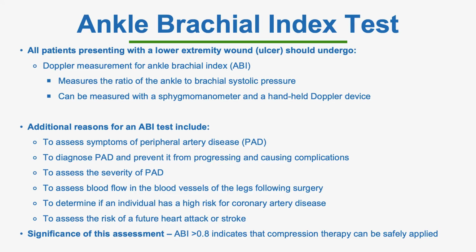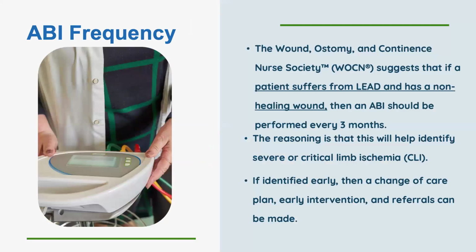So the normal value that we want to see is an ABI above 0.8, which would allow us to use compression therapy in a patient with venous leg ulcers. A value of 0.9 indicates normal arterial flow. The Wound Ostomy Continence Nurses Society recommends that in patients with lower extremity arterial disease and non-healing wounds, you should perform ABIs every 3 months.